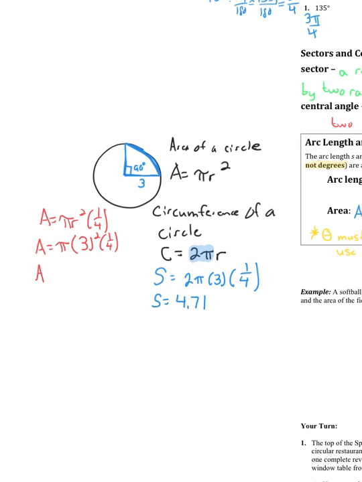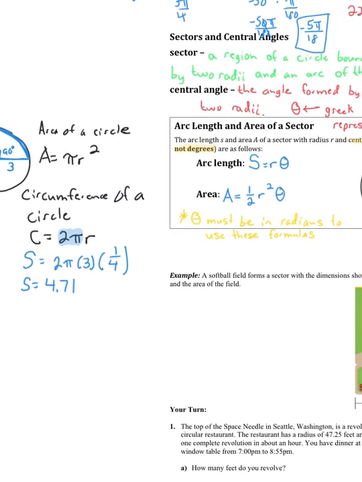So pi times 3 squared, divided by 4, or times 1/4. And I end up getting 7.07 for my area. Okay, that's how I could do this with these formulas instead. If I already have these formulas memorized and I don't want to memorize new formulas, these formulas are a great way to do things. All right, just an idea there.